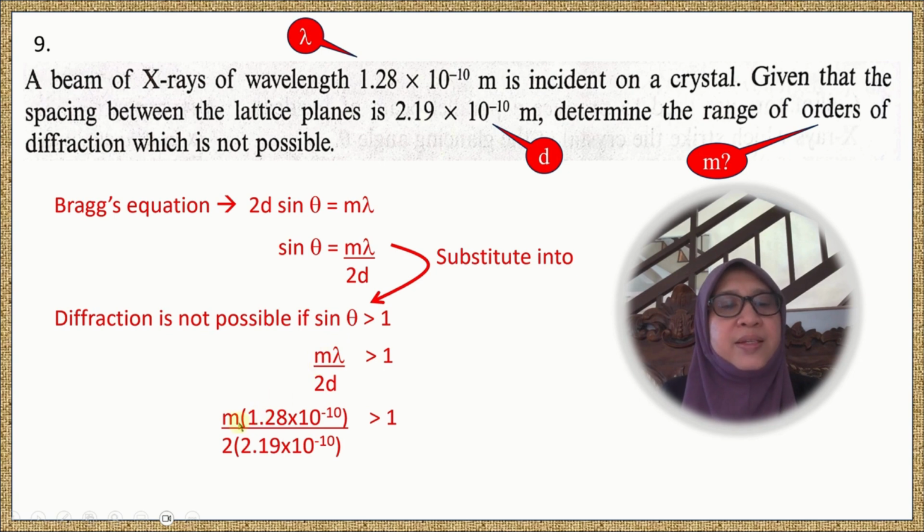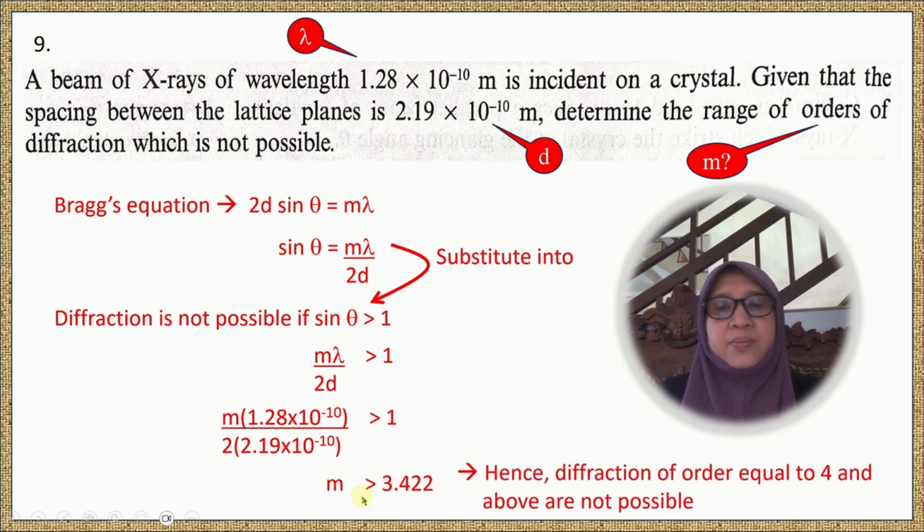So the wavelength is 1.28 times 10 to the power of negative 10. Okay, spacing, we substitute into the equation and we get m larger than 3.422. So the diffraction of order equal to 4 and above are not possible. Okay, next we go to question 10.